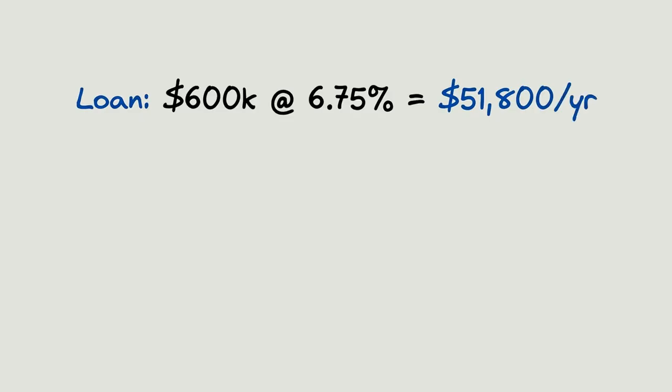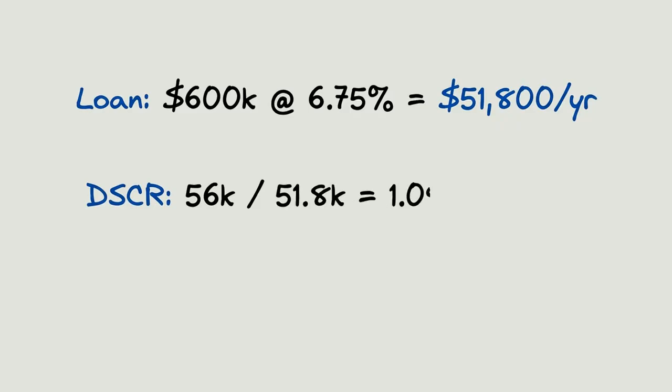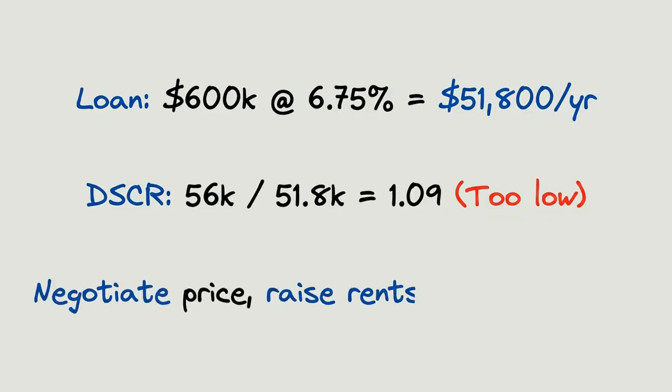At a 6.75% interest rate on a 25-year amortization, annual debt service is roughly $51,800. DSCR equals $56,640 divided by $51,800. That's 1.09, which falls below most lender thresholds.